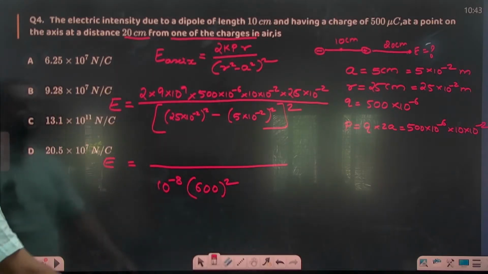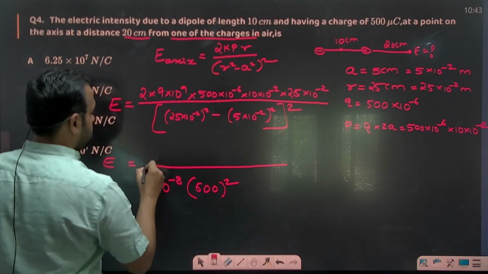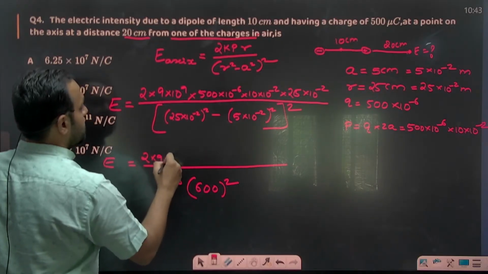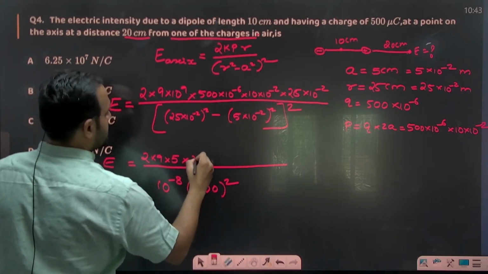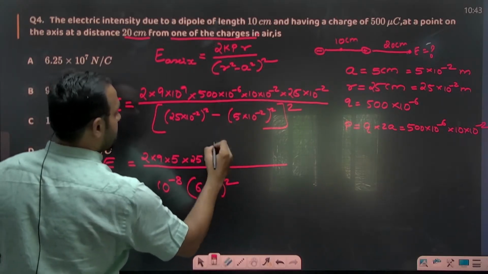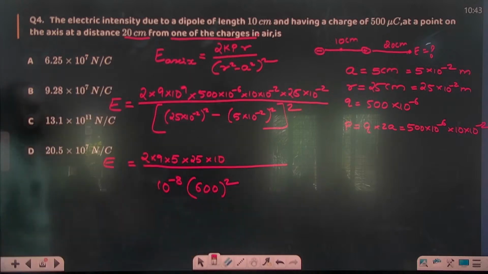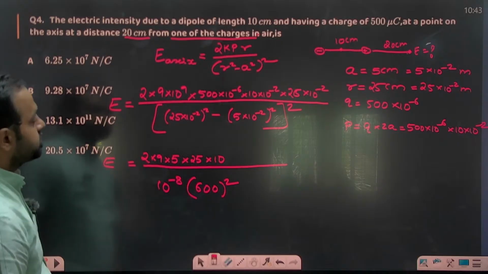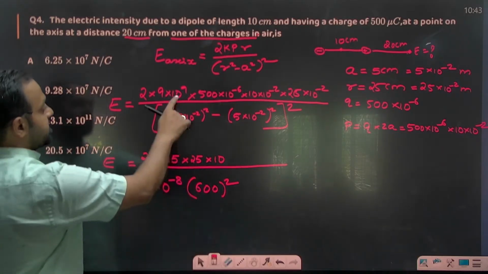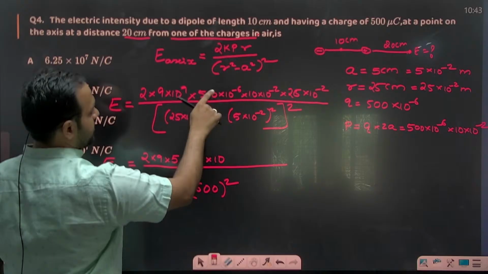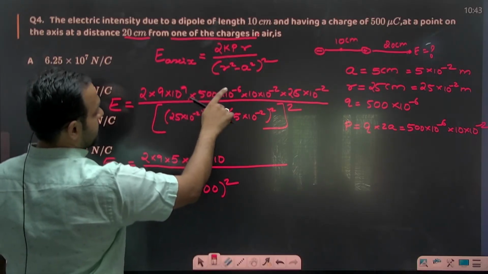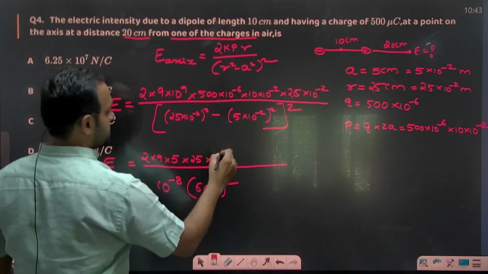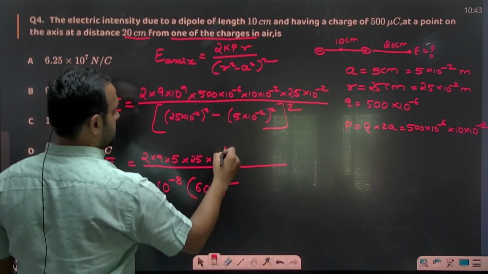Numerator again. 2 into 9 into 5 into 25. The remaining is all powers of 10. 10 power 9, 10 power 2, 10 power 11, 10 power 11 minus 10 power 10, it's 10 power 1.